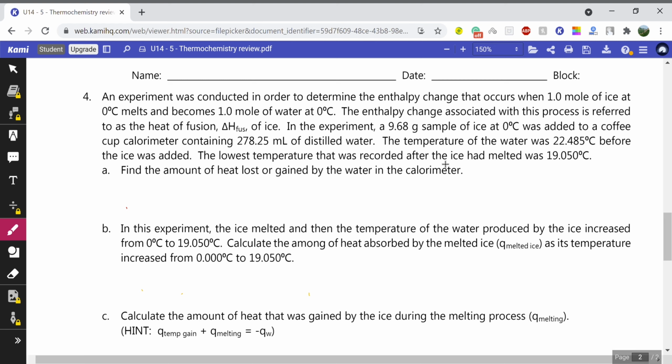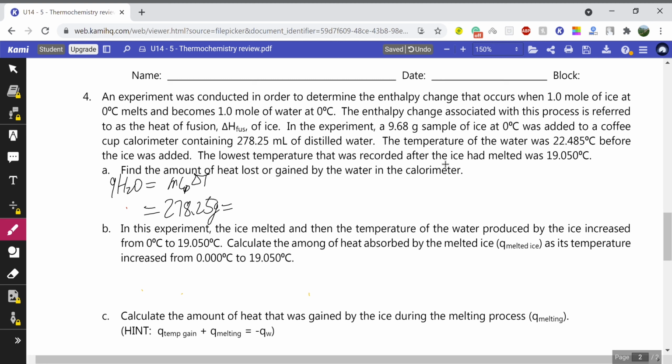Alright, so let's see what we do here. First, we do water. Q of H2O is equal to m Cp delta T. How much mass do we have? We have 278.25 grams of water, because water density is 1 gram per milliliter.